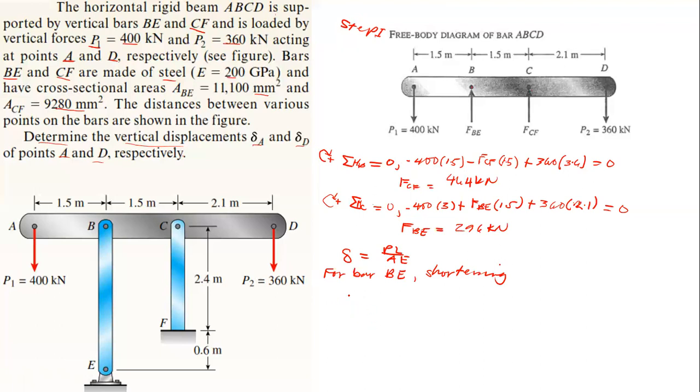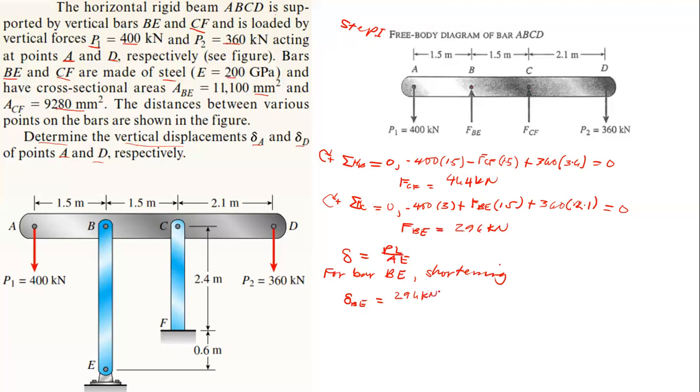So applying the formula, our delta BE is equal to, our force of BE is 296 kilonewtons, times 3 meters.